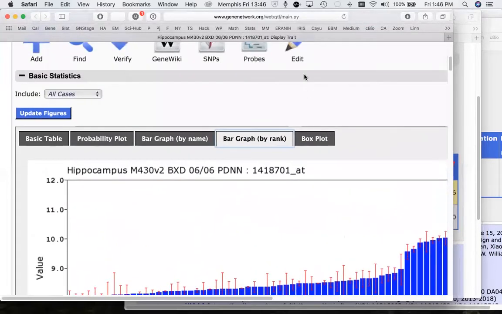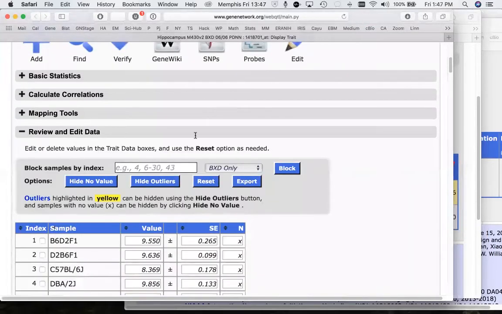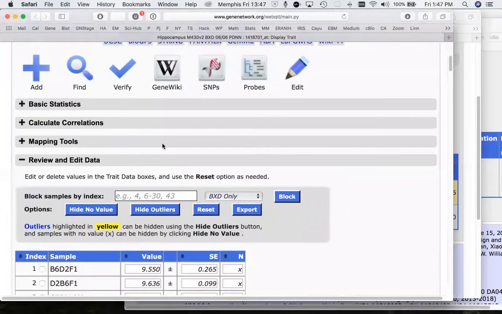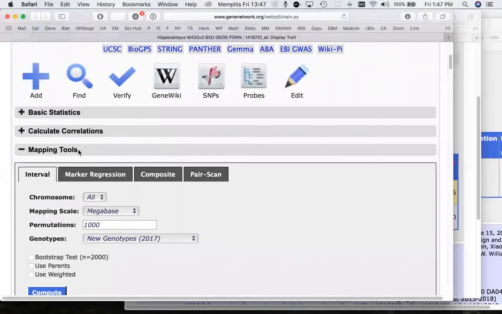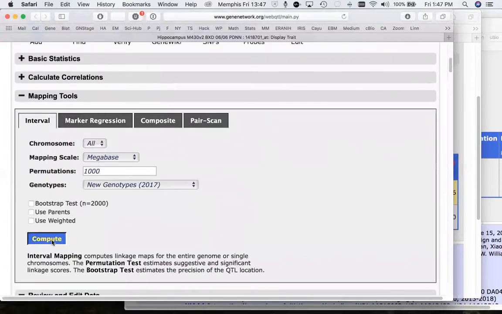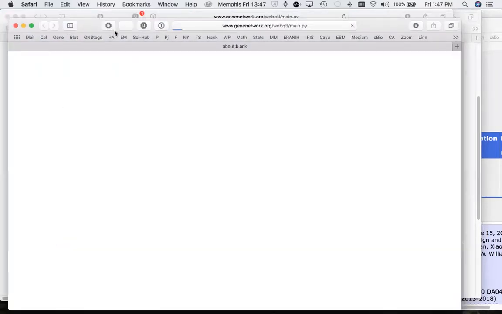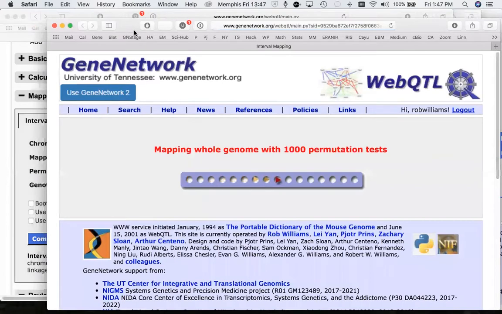I gave away the story. I told you that it's coming from the gene itself, that there's an insertion in the 3' UTR. So let's see what that looks like if we use this mapping tool. So I'm going to use the mapping tool. Normally, in the bad old days, in the late 90s, the analysis I'm doing right now would have taken about 3 hours.